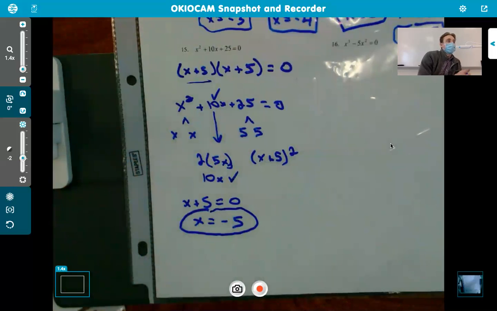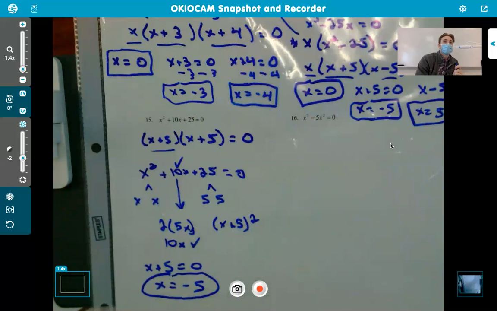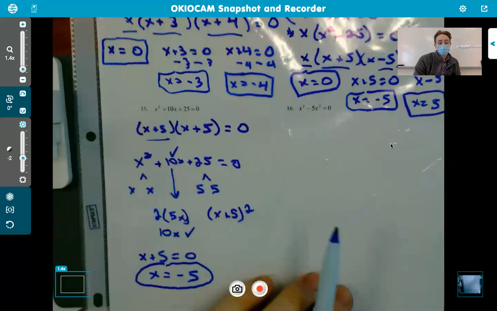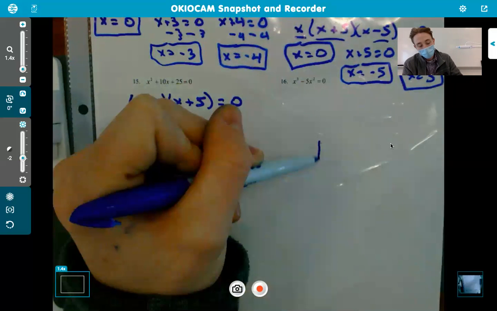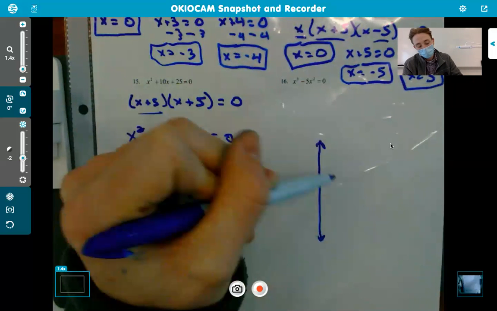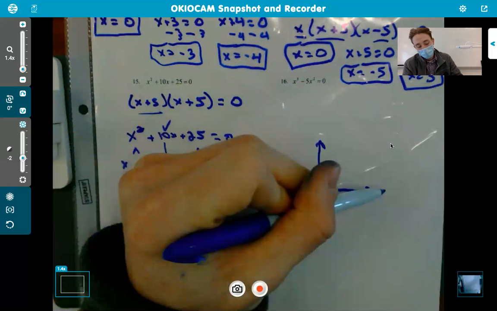And what's different about our answer to this one comparative to maybe some of the other ones that we've seen on this page or on the previous examples? There's only one answer. The reason for that, if you remember from last week, and we're going to review it a little bit next week too, remember that if I have one solution to an equation, what the graph looks like of that, and I'm going to kind of sketch this out. I have my XY plane.